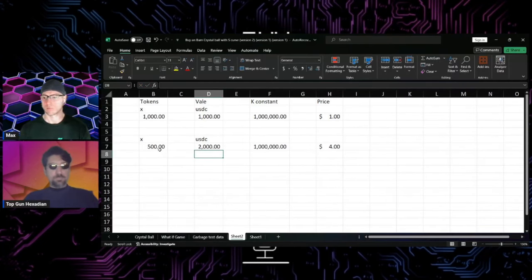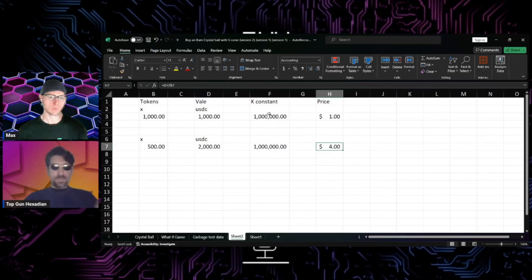Automatically, you only got 500 tokens out. So you paid $2 a token. That's slippage. But now price action, because of the pool, you can see the price has jumped to $4. That's a 4x because we doubled one side, which halves the other. And that is the premise of the math.